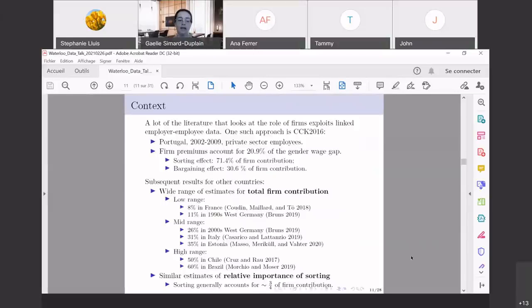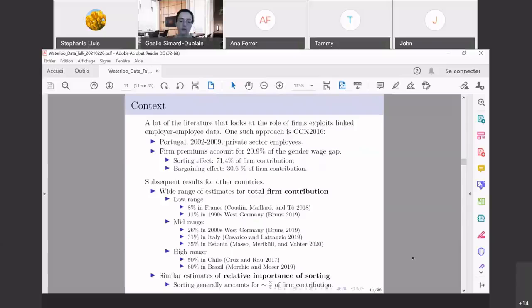They find that the firm premium accounts for about 1/5 of the gender wage gap. We find about 1/4, so it's roughly in the same territory. They find that the sorting effect accounts for roughly 70% of the firm contribution, and the remaining 30% comes through the bargaining channel.